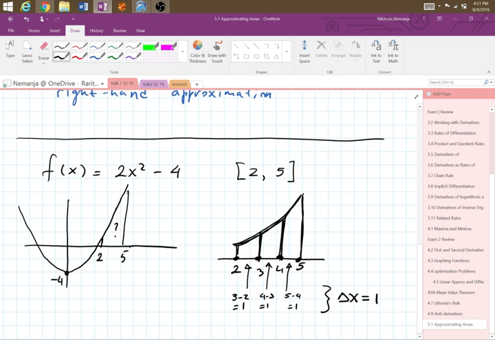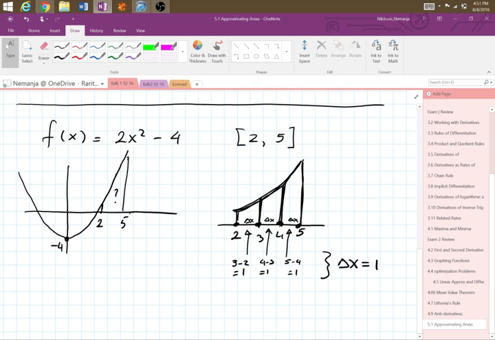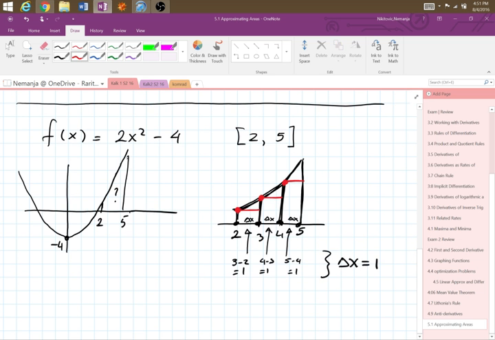Delta x is each one of these little widths over here. And now we are going to choose whether we want to compute the left sums or the right sums. So let's start with left sums first. We'll compute both. So left corner, draw the line. Left corner, draw the line. Left corner, draw the line.